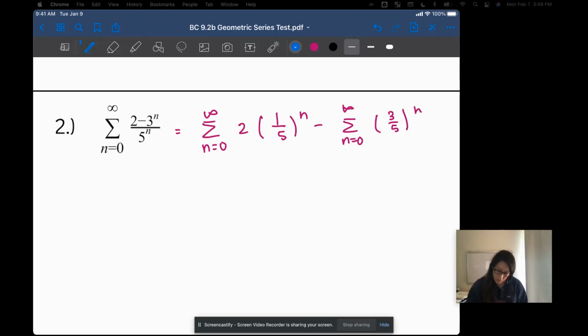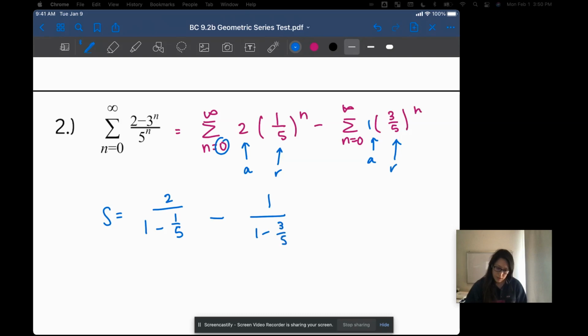Okay, so my a, since we're starting with 0, my a is just going to be 2, my r is 1/5. So I get the sum is equal to 2 over 1 minus 1/5 minus the sum of the second, which is my a is 1 over my 1 minus my r of 3/5.